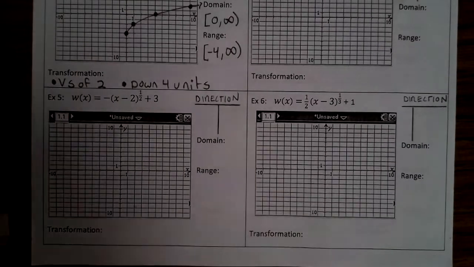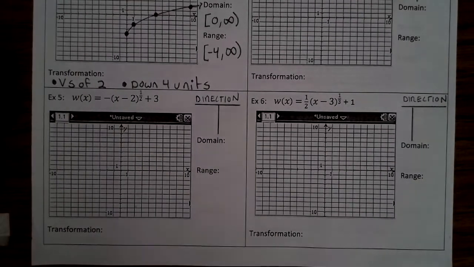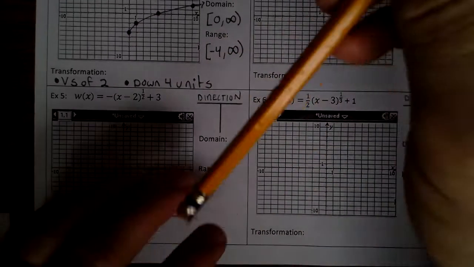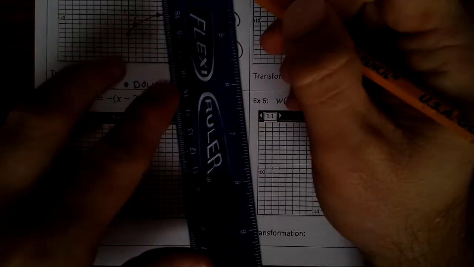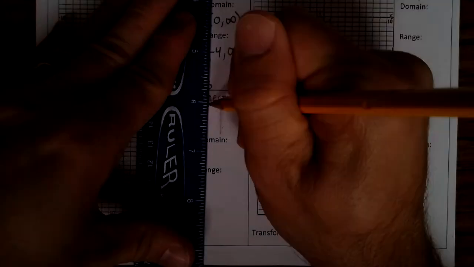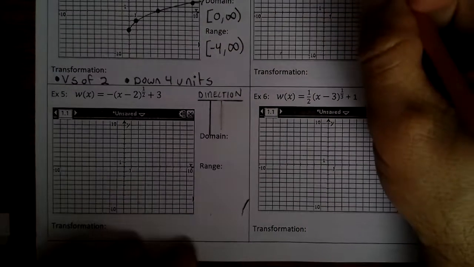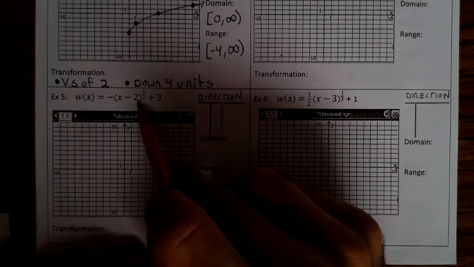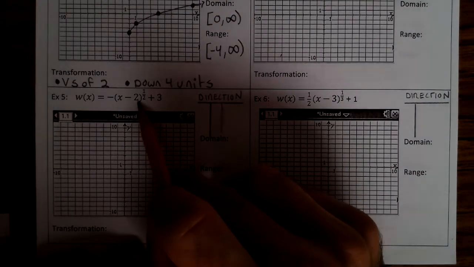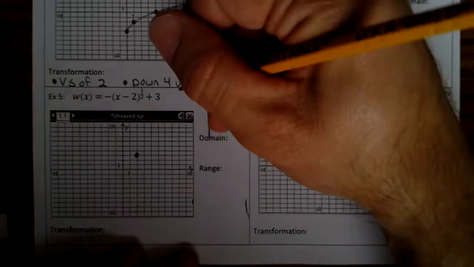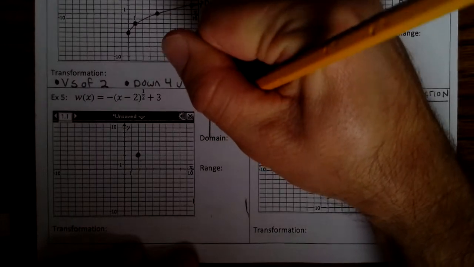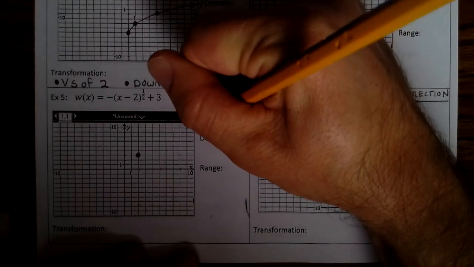Let's move the vertex. This means we go right 2, up 3. There's a new vertex. We graph by direction, so we know that's H, K, 1, 1, 4, 2, 9, 3.